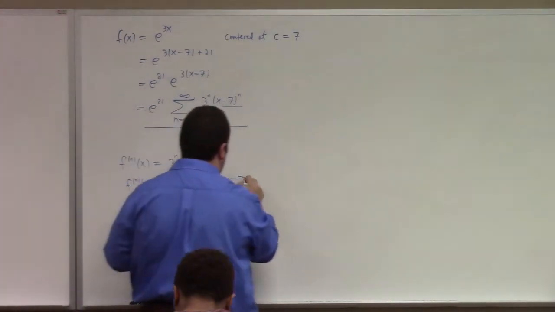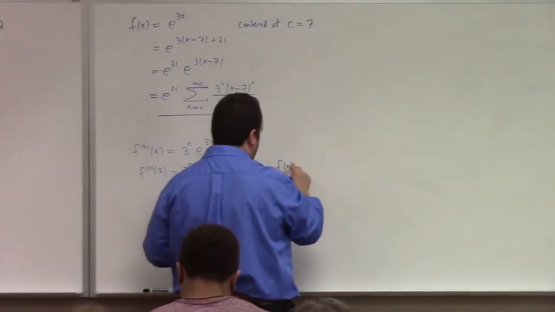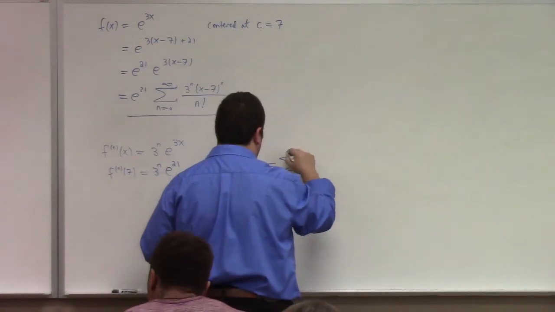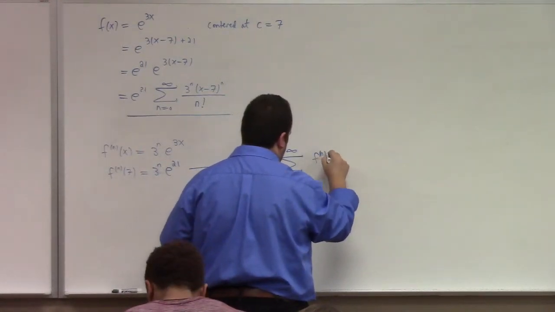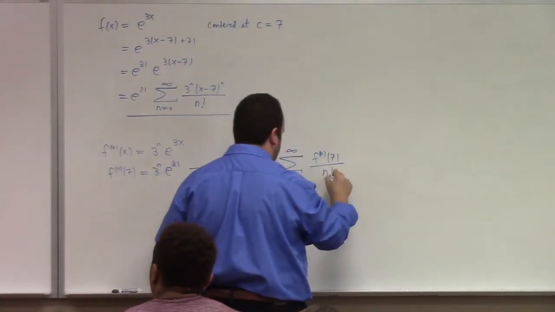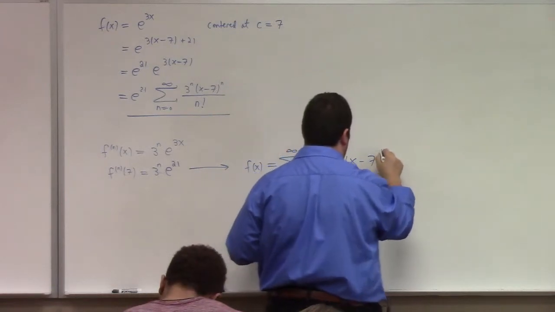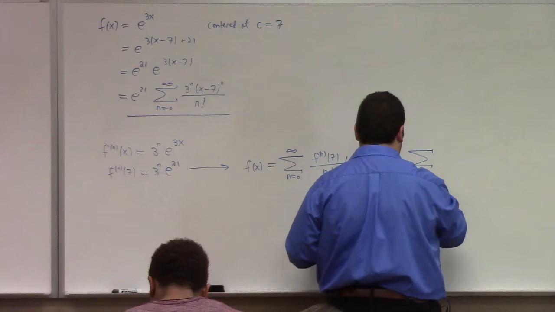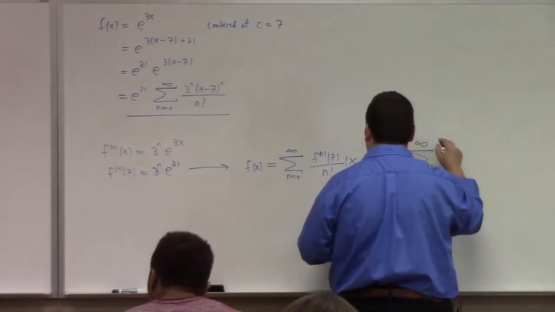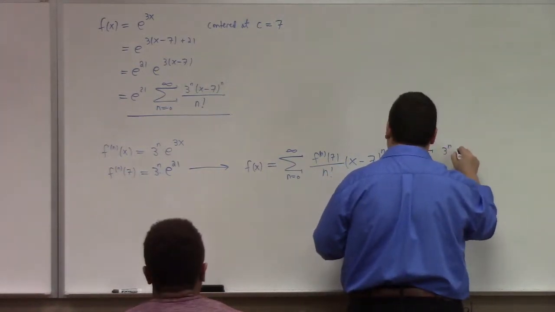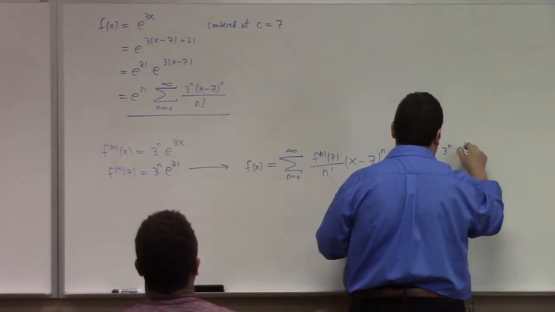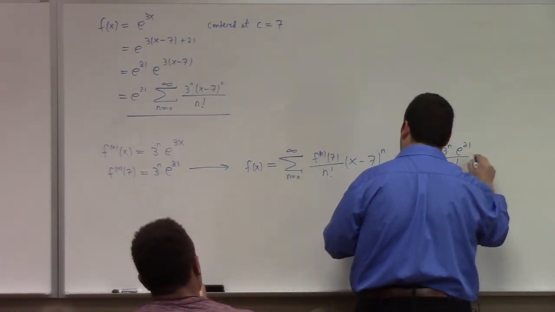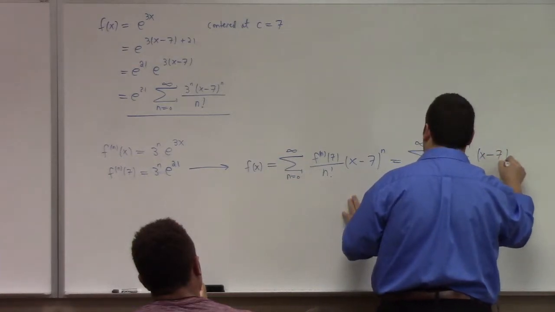And so by Taylor's theorem, the series is the sum, n equals 0 to infinity, of the nth derivative evaluated at 7 over n factorial times x minus 7 to the n. What is that? That's the sum, n equals 0 to infinity, of 3 to the n e to the 21 over n factorial times x minus 7 to the n.